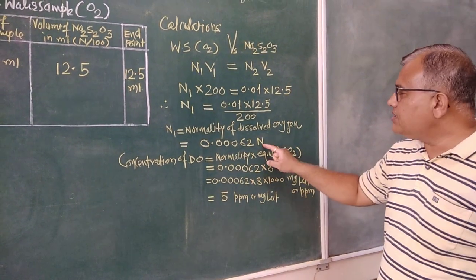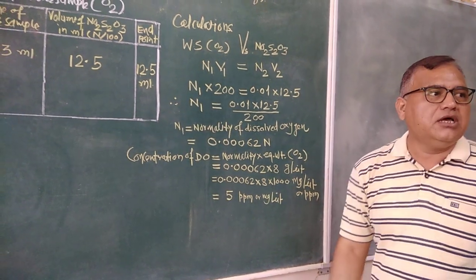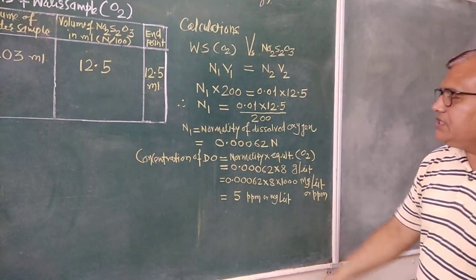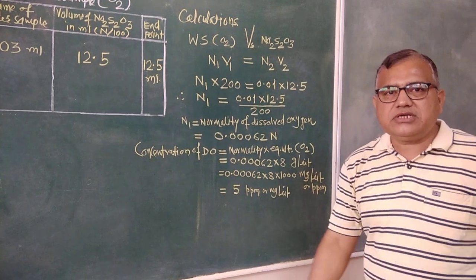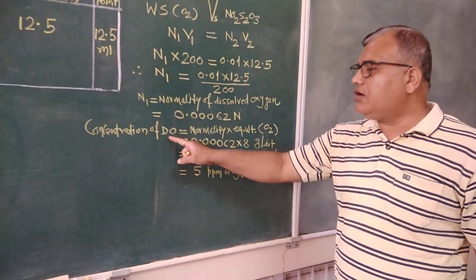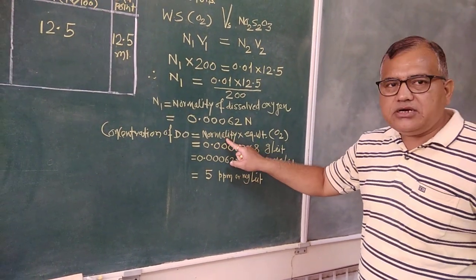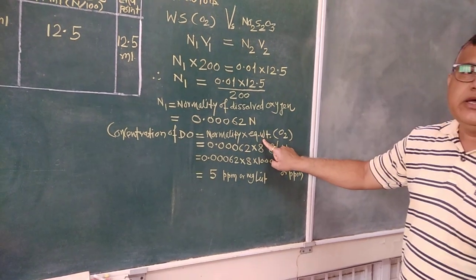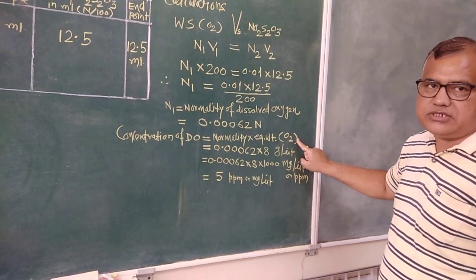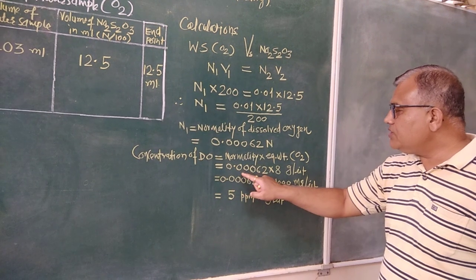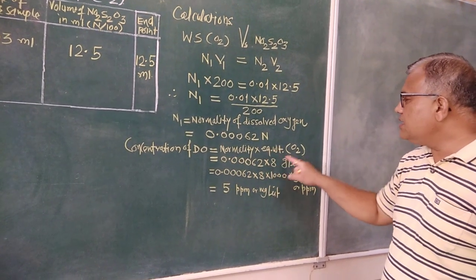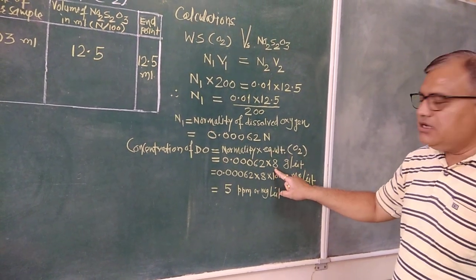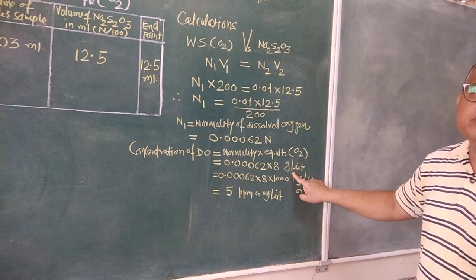So this is the normality of dissolved oxygen present in the given water sample. And you know the formula of concentration: concentration of dissolved oxygen is equal to normality of dissolved oxygen multiplied by equivalent weight of dissolved oxygen. So normality is 0.00062 and the equivalent weight of oxygen is 8. So your result will be in grams per liter.